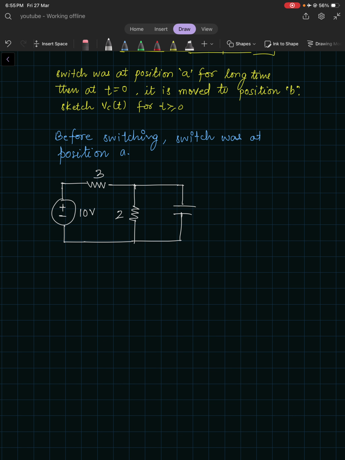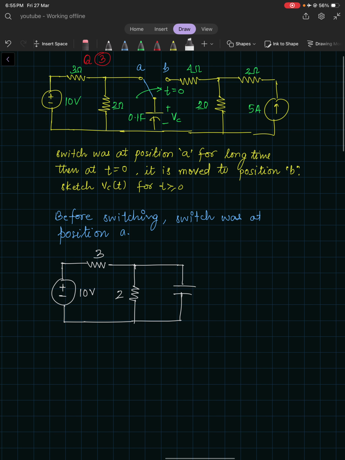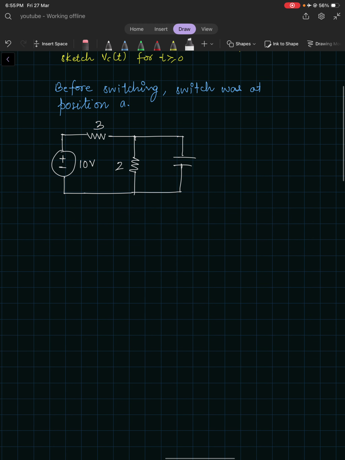So in the steady state, what will happen? This capacitor will not conduct because it is fully charged. So it will act as an open circuit, right? If it is an open circuit, only this circuit will be there. So we need to find out the voltage across these 2 ohms. Again, it's a simple voltage divider.